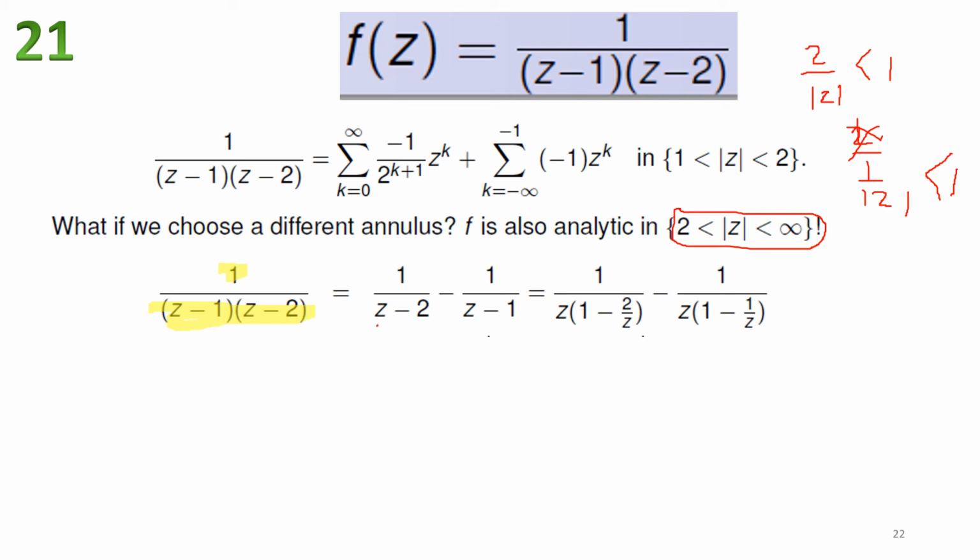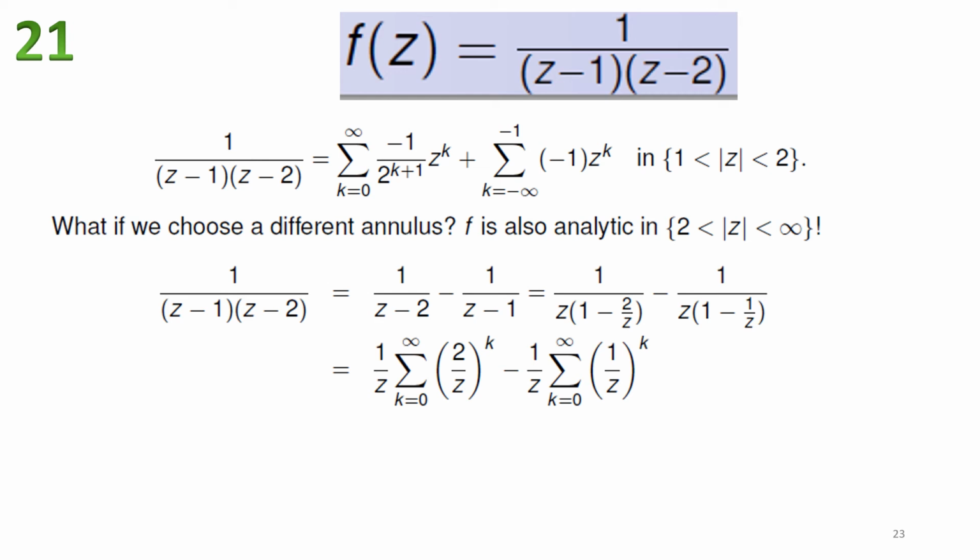So from this term we can factor z common, and it will be z into 1 minus 2 over z, minus, here we factor z again, so z into 1 minus 1 over z. So this restriction fairly takes us into the zone of discussion where this can be nicely written as perfect geometric series. So for these two parts, in the next step we are going to write geometric series.